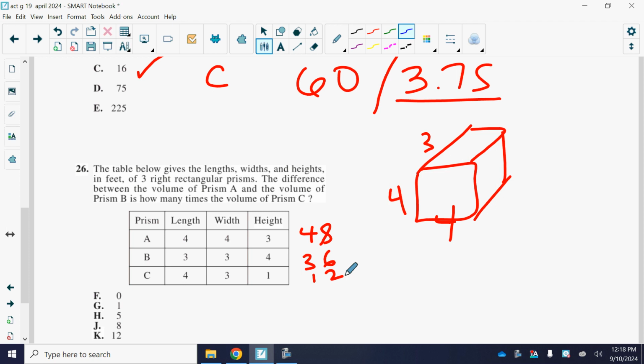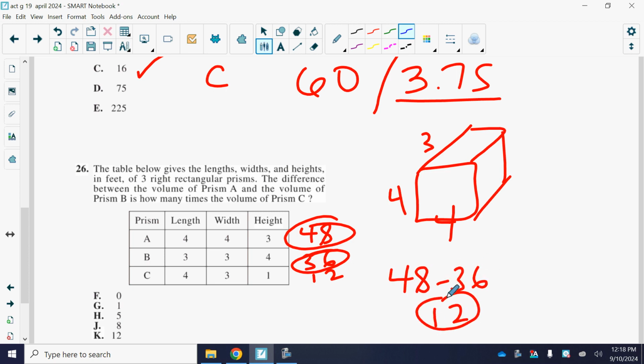So the difference between the volume of prism A and the volume of prism B, the difference of those two, is 12. So it's how many times the volume of C. It equals the volume of C. So the times there will just be times 1, answer G.